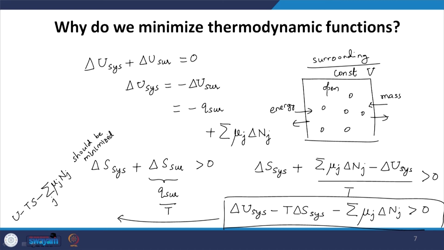So, this U minus T s minus sum of mu j n j should be minimized, right.